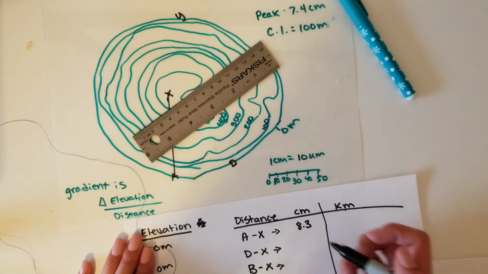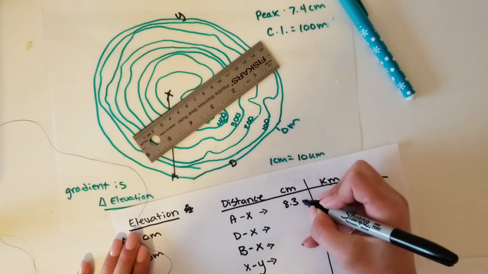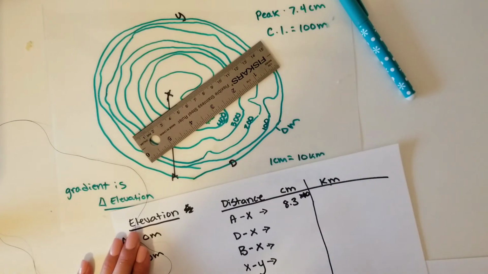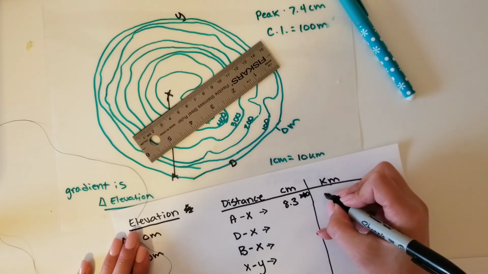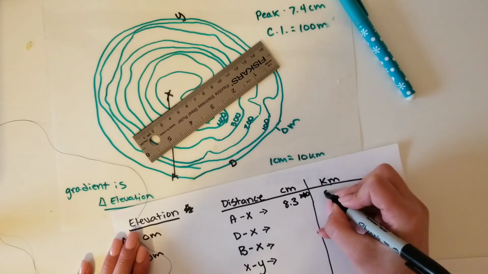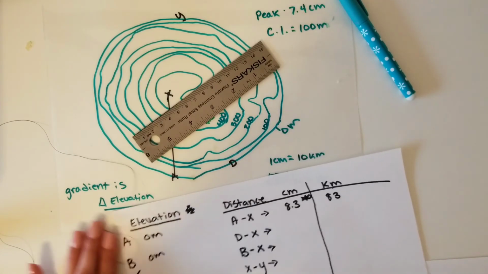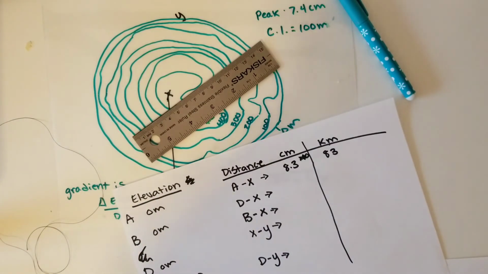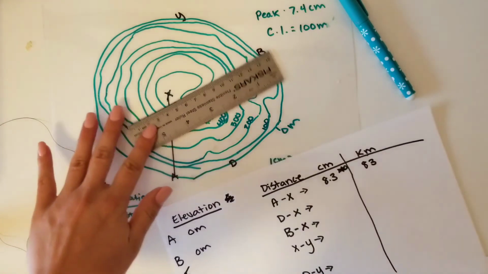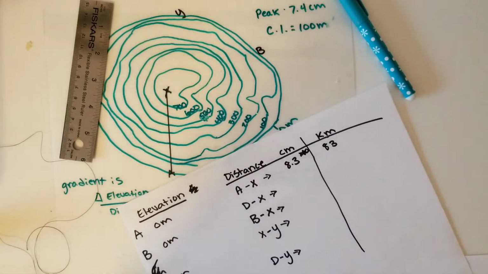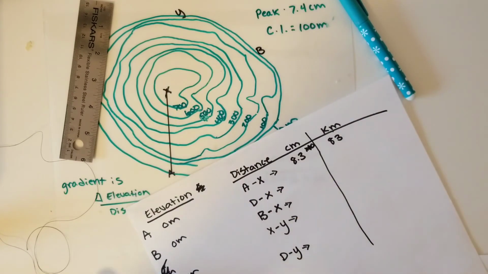So what we need to do is multiply this 8.3 by 10 to get our kilometers. So it is actually 83 kilometers distance between the two. Now if we want to find our elevation change between A and X, you're going to take the higher elevation, or the second point.